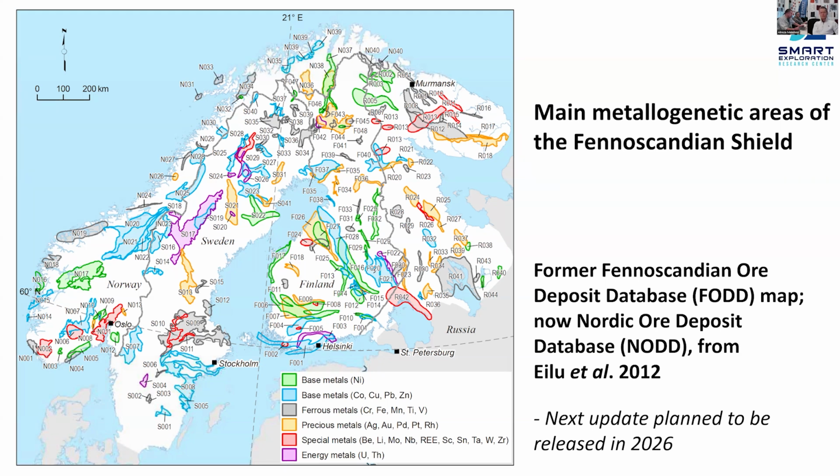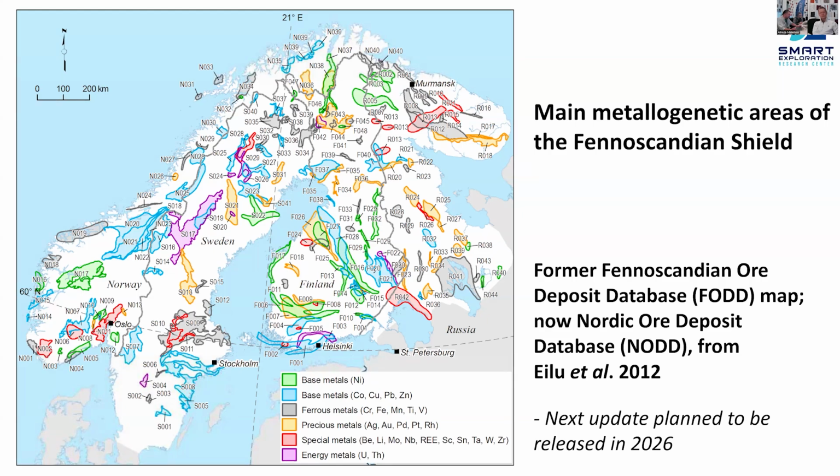Well, naturally, these areas follow geological boundaries mainly, where we know that we have had the kind of processes that have concentrated certain metals, the ones that you see down in the legend.